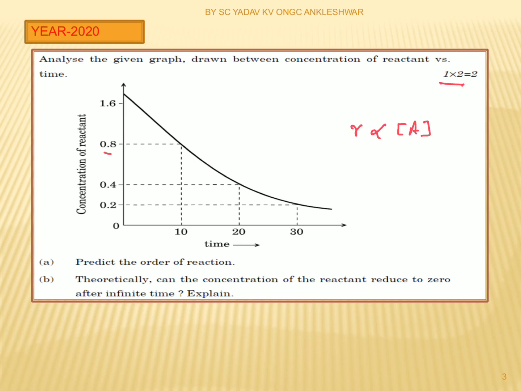In case of zero order reaction, it does not depend on it. So the first question is to predict the order of reaction, and the order of the reaction will be first order.